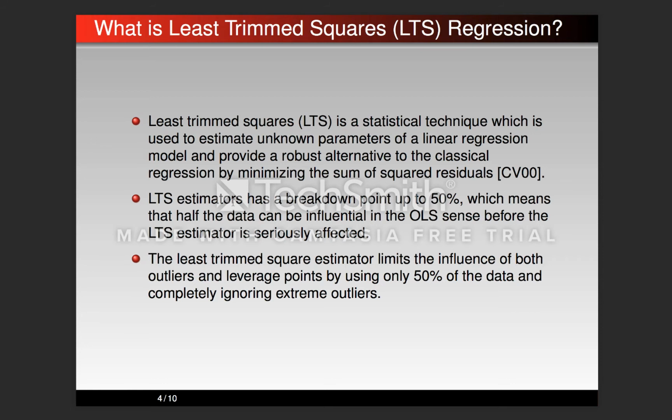The least trimmed squares estimator has a breakdown point of 50%, which means that half of the data can be influential in the ordinary least squares regression case before we compute the LTS estimators. The LTS estimator limits the influence of both outliers and leverage points by using only 50% of the data and completely ignoring the extreme outliers.